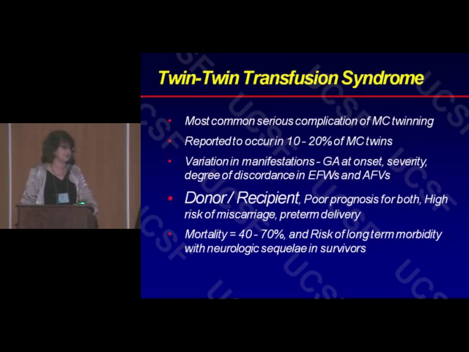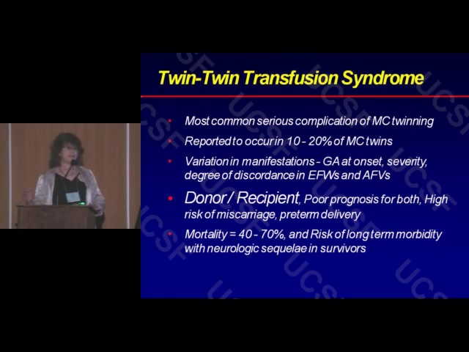Starting with twin-twin transfusion syndrome, it's the most common serious complication. It's what we're most worried about once we diagnose a pair as monochorionic twins. We're on the lookout for the development of this syndrome, reported to occur in about 10 to 20% of MC twins, so a pretty common scenario.